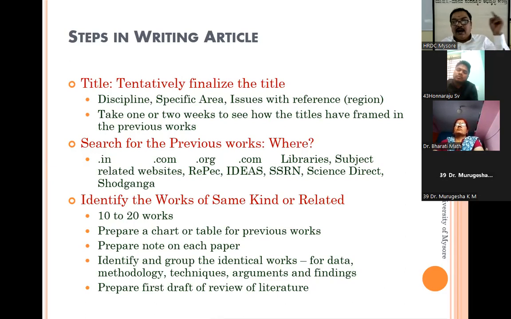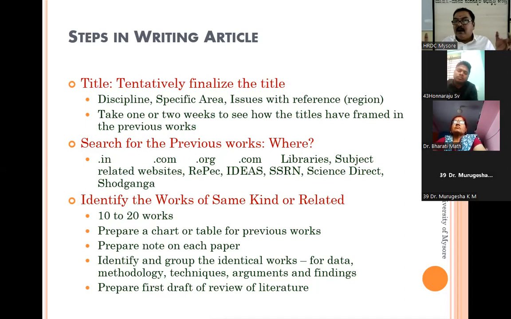And then related to that title, search for the previous work. There are plenty of sources: .in, .com, .org, and different libraries which plentifully provide research articles. Shodhganga itself provides plenty of articles. ScienceDirect will give you, RePEc will give you ideas, SSRN.